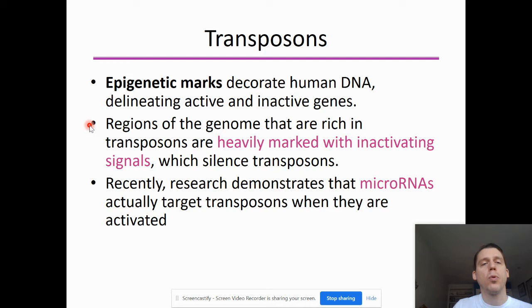Regions of the genome that are rich in transposons typically have inactivating signals, which silence the transposons. Also, microRNAs, remember RNAi? Those microRNAs that can chop up and block pieces of the genetic code might actually target transposons when they are activated, thus stopping the transposons from operating.